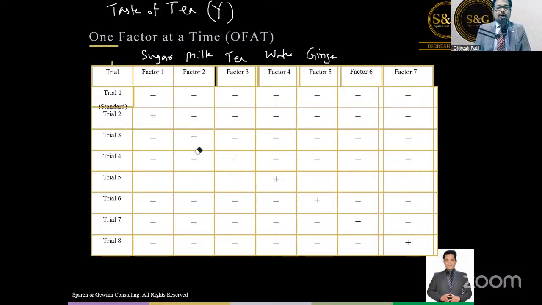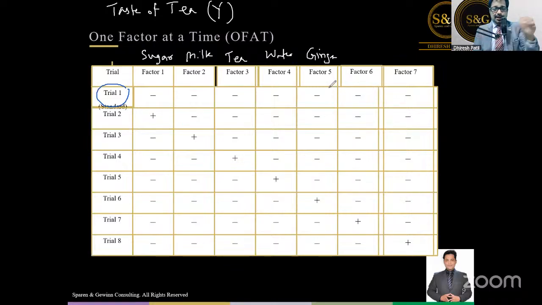Okay. Now the experiment begins. The experiment begins with trial number 1 here, where first all the factors are set at the lower setting. As I said, sugar at 1 tablespoon, milk at 10 ml, tea powder at 1 tablespoon, water at 1 cup, whatever.